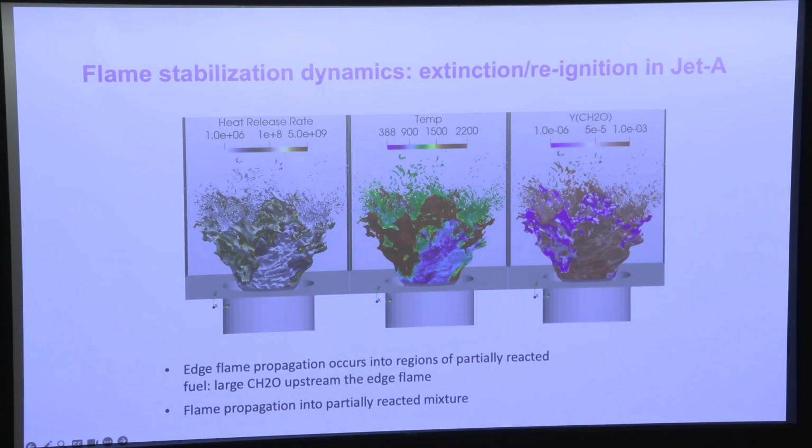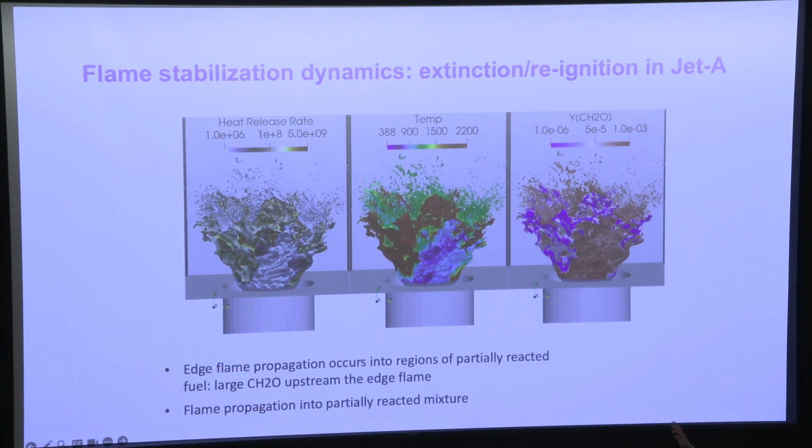So we also see evidence from these isocontour plots of the stoichiometric mixture fraction colored by heat release rate in the left plot, by temperature in the middle plot, and by an intermediate species, formaldehyde, in the right plot. You can see the boundaries of where local quenching has occurred.